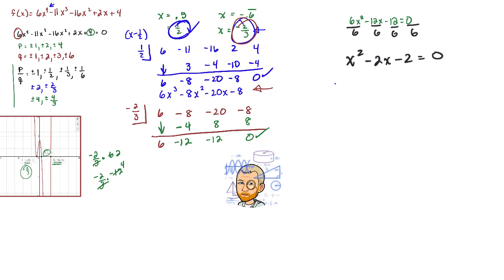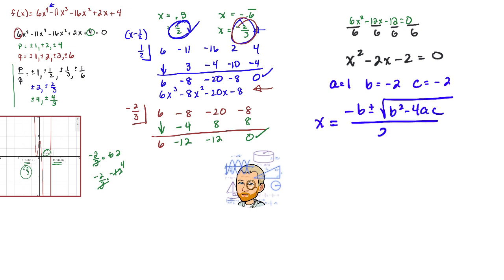We can't use the square root method because it does have a b term, the 2x in the middle. So we're going to have to go with a equals 1, b equals -2, c equals -2, and we're going to have to use the quadratic formula. And this again is something we just practiced the other day. So we're going to have negative of negative b, so that's going to be a +2.